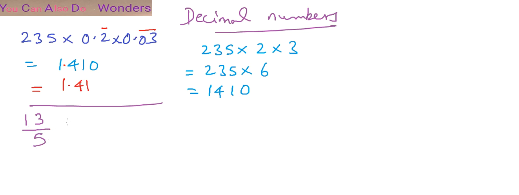It can be considered as converting to decimal or dividing 13 by 5. So when you divide 13 by 5, what do we get? As a mixed fraction, it becomes 2 times 5 is 10, remainder 3, so 2 and 3 by 5.